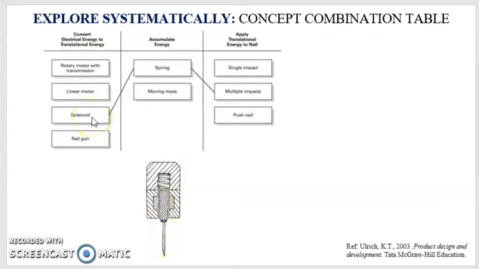So here the solenoid is used and the accumulation of the energy is done by the spring, and we get multiple impacts. The number of impacts depends upon the frequency of actuation and deactuation of the solenoid present in the system. This concept is very compact as compared to the concept discussed in the previous slide.